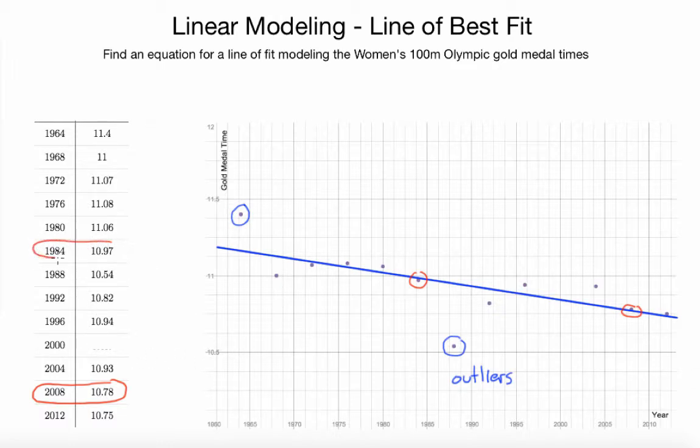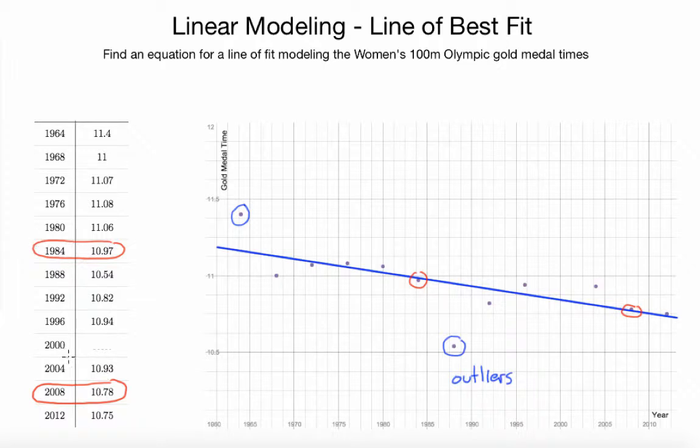So I've eyeballed my line of fit. And again, you can do this by hand with a ruler. We plotted our points. We're finding 2 particular points that we're going to use to actually write an equation for this line. Okay, so once I got my 2 points, there's 1984, 10.97, and then 2008, 10.78.